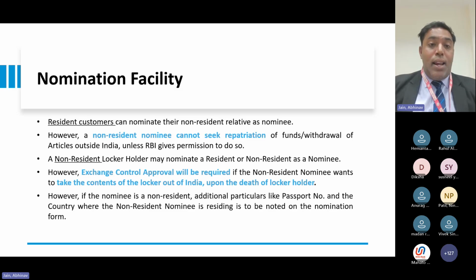A resident customer can nominate a non-resident relative as nominee. A non-resident nominee cannot seek repatriation, though. Suppose some article or fund is inside India, they can't repatriate the same outside India. A non-resident locker holder may nominate a resident or non-resident as nominee.